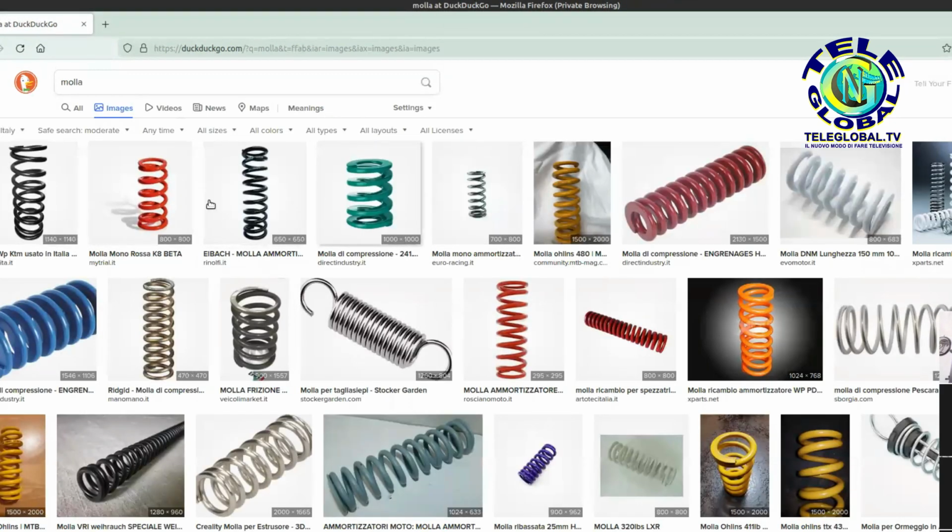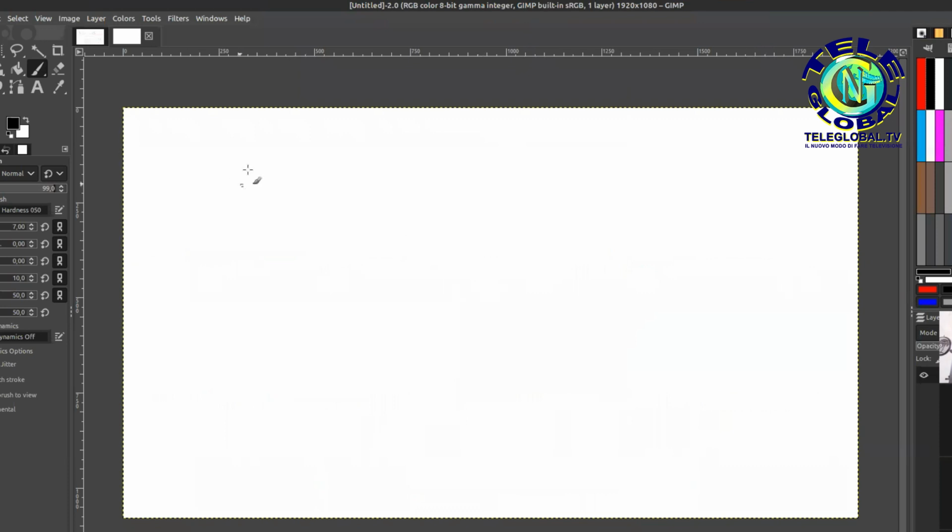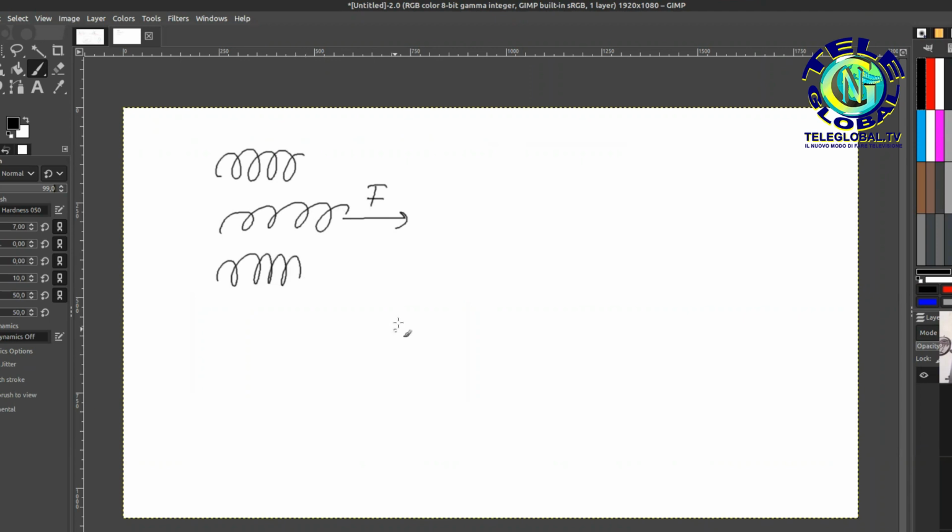Okay. Have you all seen something like this? So a spring is a kind of object such that if you apply a force to it, it will deform and then return to its original state once you let go of it.